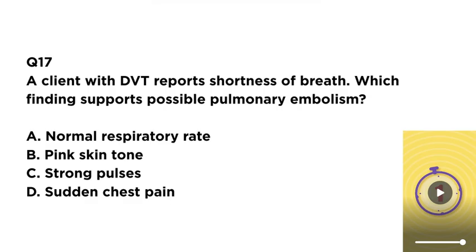A is incorrect because normal respiratory rate contradicts expected respiratory compromise. B is incorrect because pink skin is non-specific. Letter C is also incorrect because strong pulses do not evaluate clot migration.